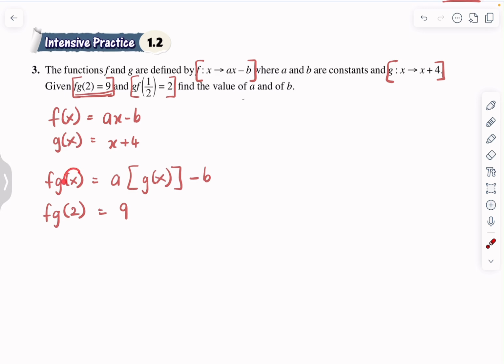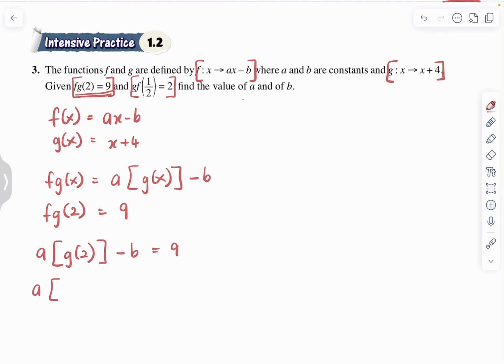If fg(x) is a g(x) minus b, fg(2) will be a g(2) minus b. So a times g(2) minus b equals 9. Okay.